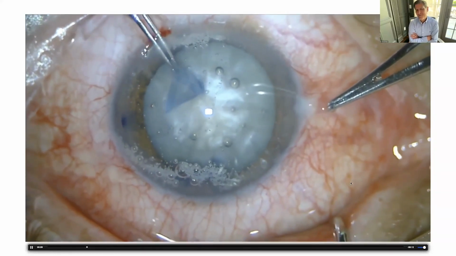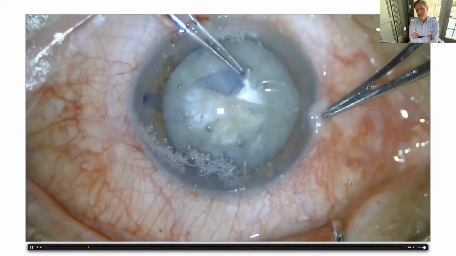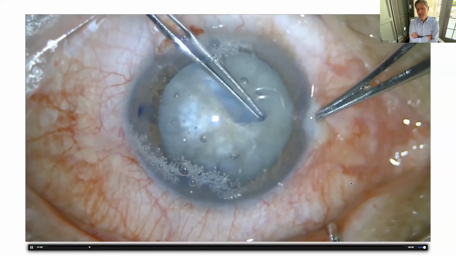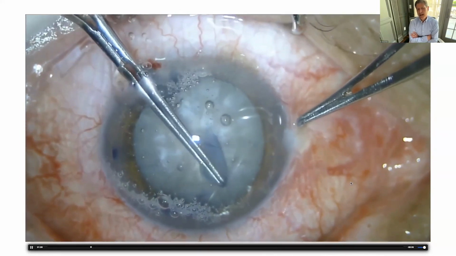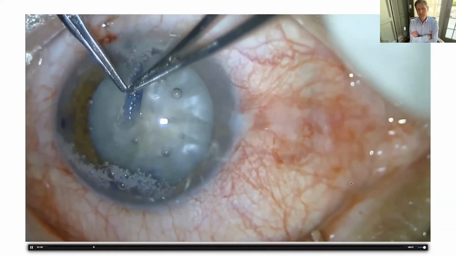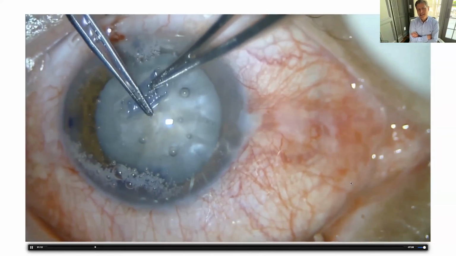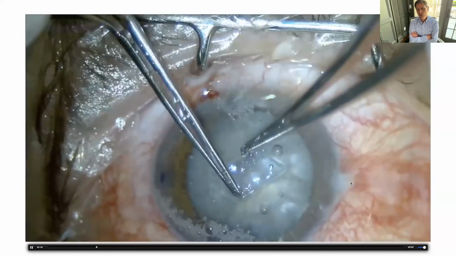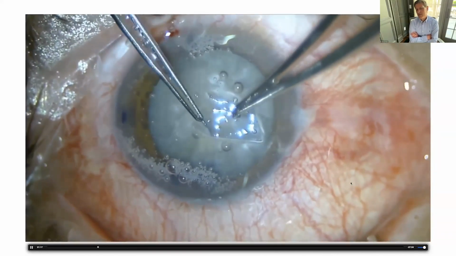One of the limits that I find when doing this is that in these very dense nuclei, the femtosecond has a tough time going through because of the opacity. The other thing that I find is that it tends to do the rexis based on the size of the pupil.